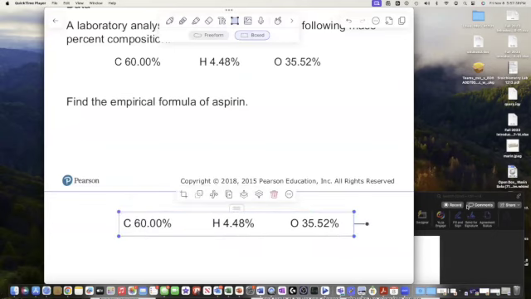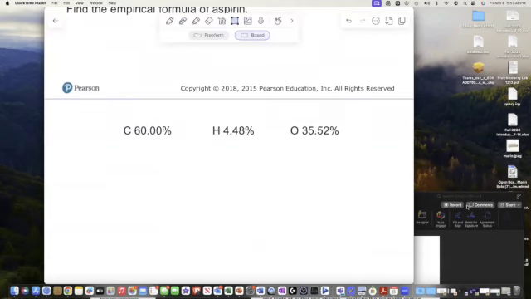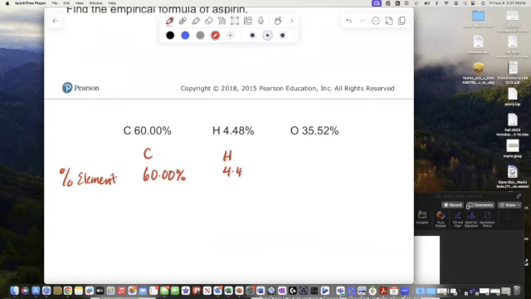Oh, that's better. Okay, so I have my percent of elements, right? I'm starting with percent element. So for carbon, I have 60%. For hydrogen, I have 4.48%. For oxygen, I have 35.52%, right?